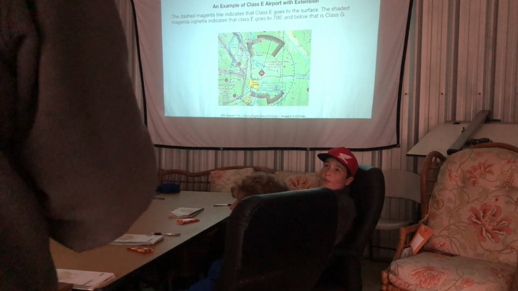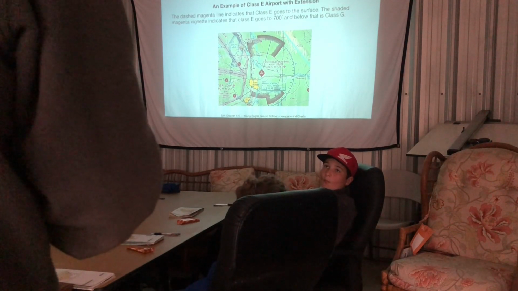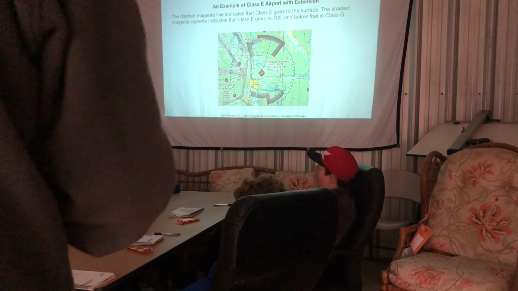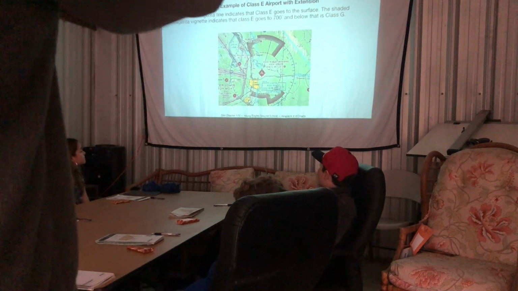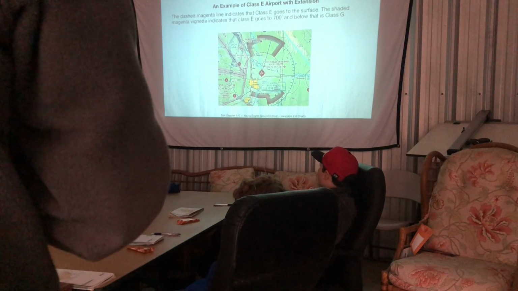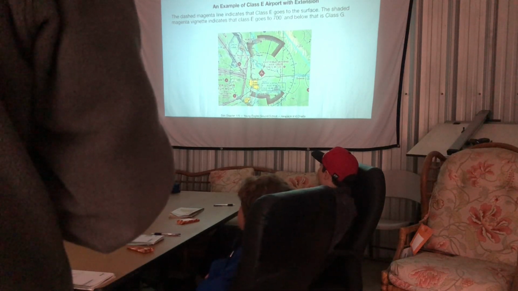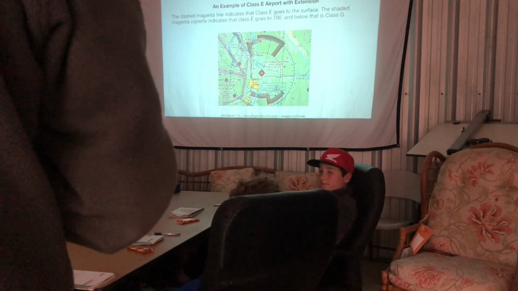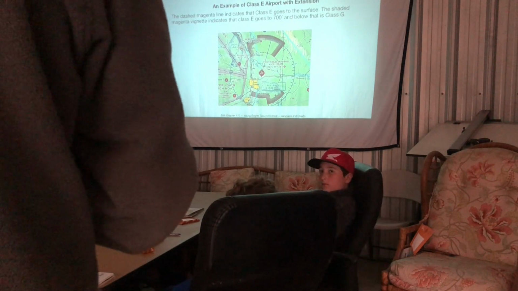So they make it so that you have to have more visibility and you have to be further away from the clouds. And those magenta shaded areas mean that down to 700 feet, you have to be in Class Echo where you have better visibility.